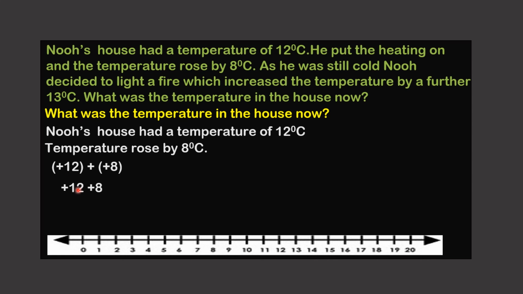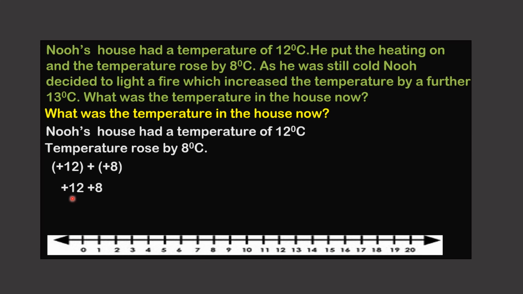So always when using number line, you start from 0, okay? And then we will look at the first number sign. So first number sign is plus. So plus means we will be moving to the right. If it was minus, we will be moving to the left. This first number is having plus, so we will be moving to the right.